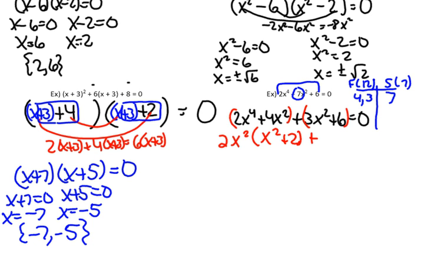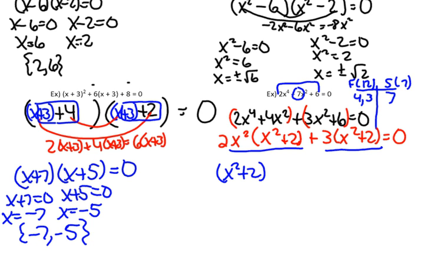From the last 2 terms, I can factor out a 3, leaving me with x squared plus 2. Now, notice what this and this have in common. Both of them have x squared plus 2. And I'm left with 2x squared plus 3. Again, you can always check this by FOILing it and getting back to 2x to the fourth plus 7x squared plus 6. Set each factor that contains a variable equal to 0.